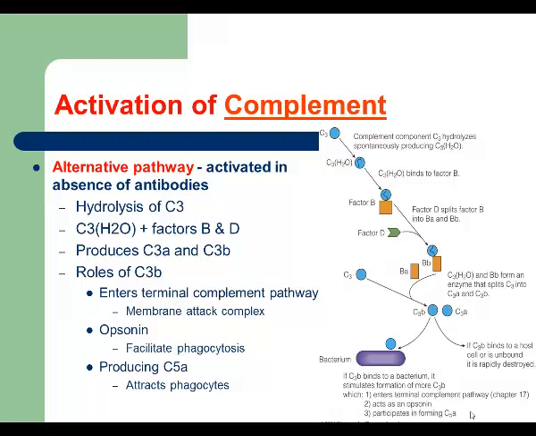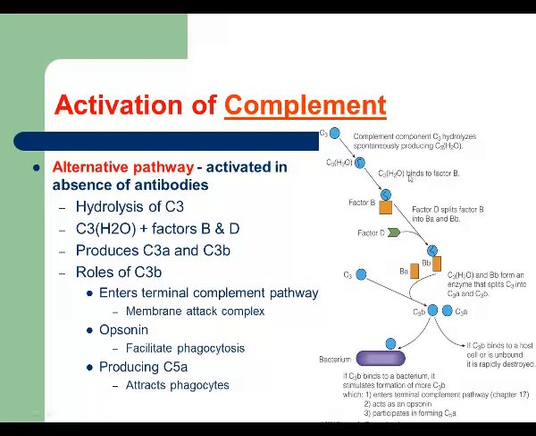You don't have to know the great details of the alternative pathway of activation of the complement system, but we're going to stop on the main points. So everything starts with the C3 complement component. The first step, that complement component within the bloodstream will be hydrolyzed. It means it will react with water.